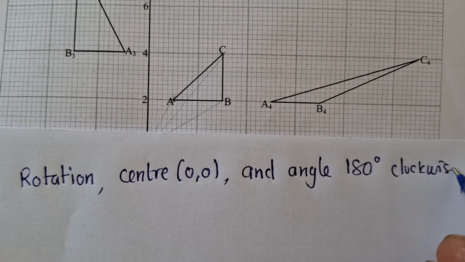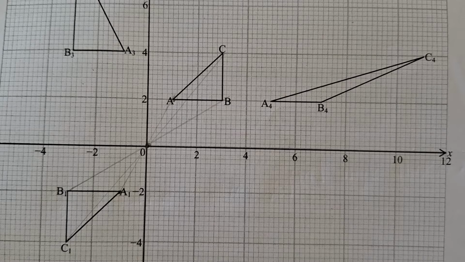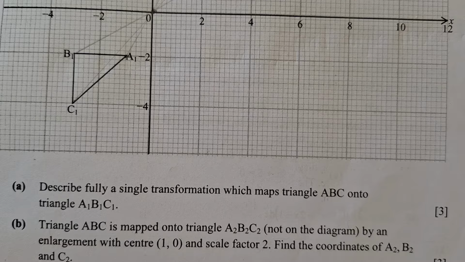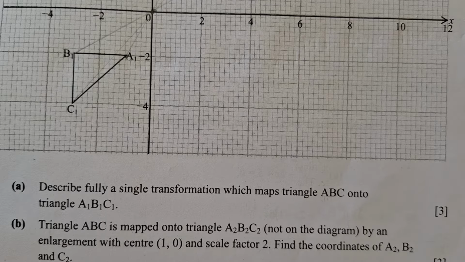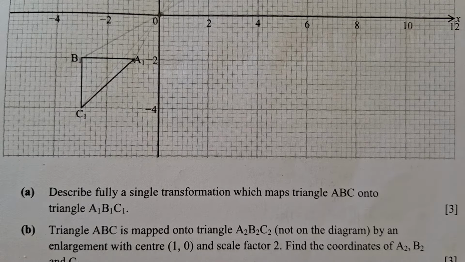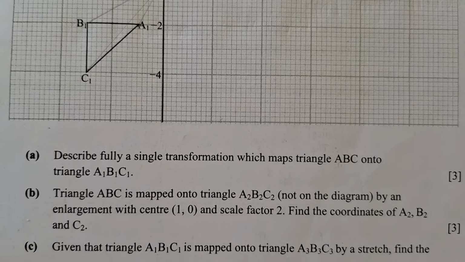It's moving to the right, which is clockwise. You get 3 marks for this question. You write the name of the transformation, rotation. You write the center, 0, 0. You write the angle, which is 180 clockwise. You get all 3 marks. We go to the next question.